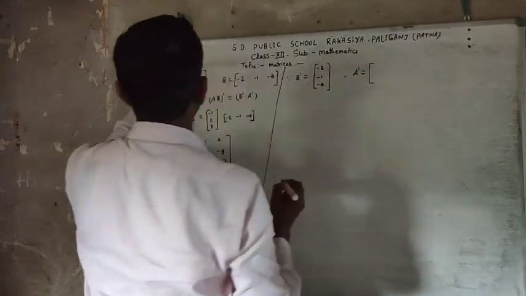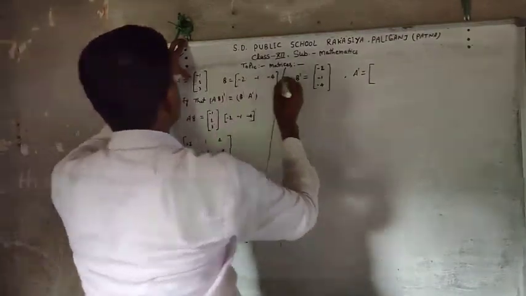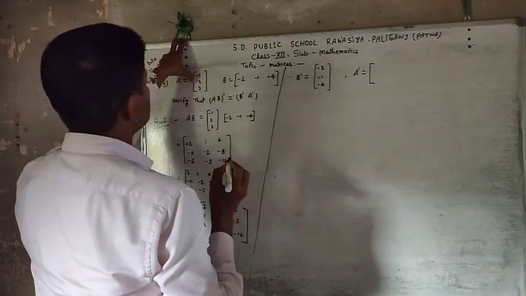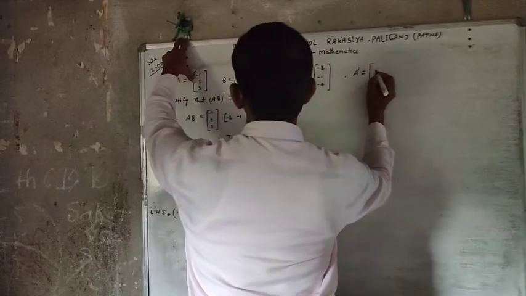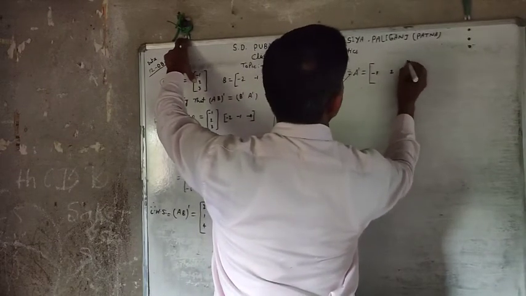Since A is a column matrix, its transpose will be a row matrix: minus 1, 2 and 3.